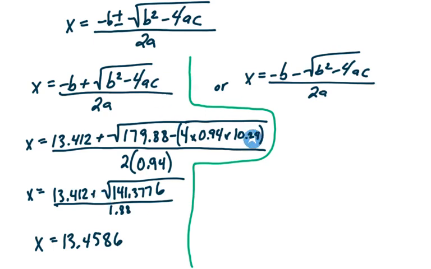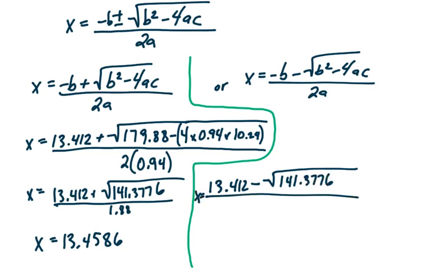So doing the same work, I should get 13.412 minus the square root of 141.3776, all over 1.88. So let's see what 13.412 minus the square root of 141.3776 is, and divide that by 1.88. And I get x is equal to 0.80945.